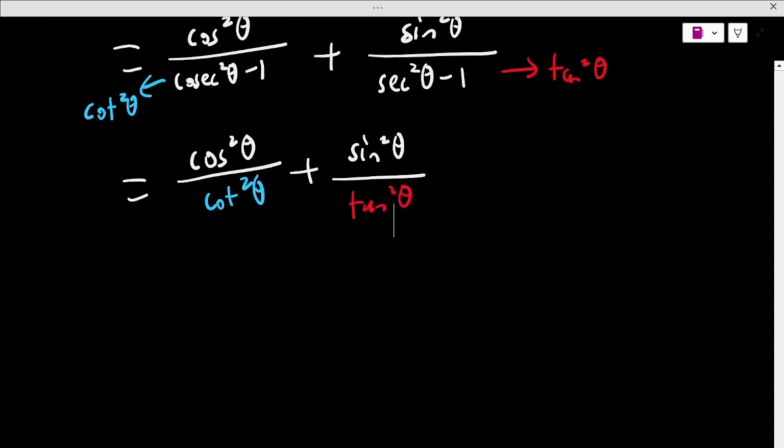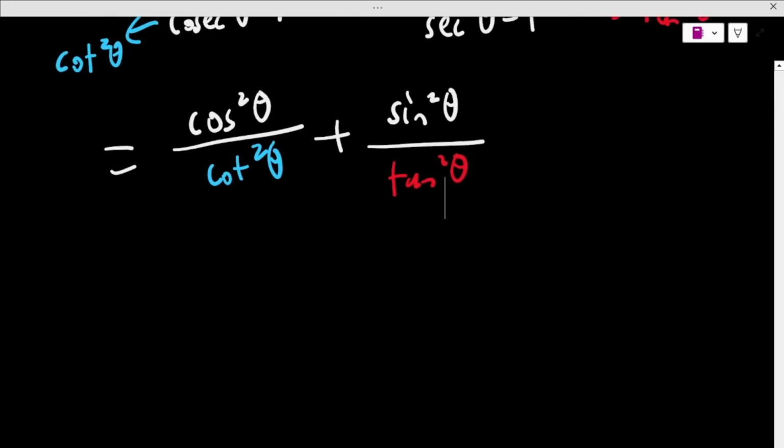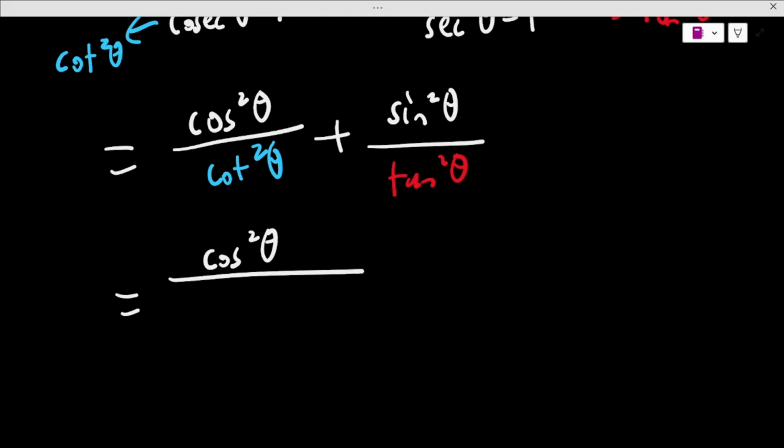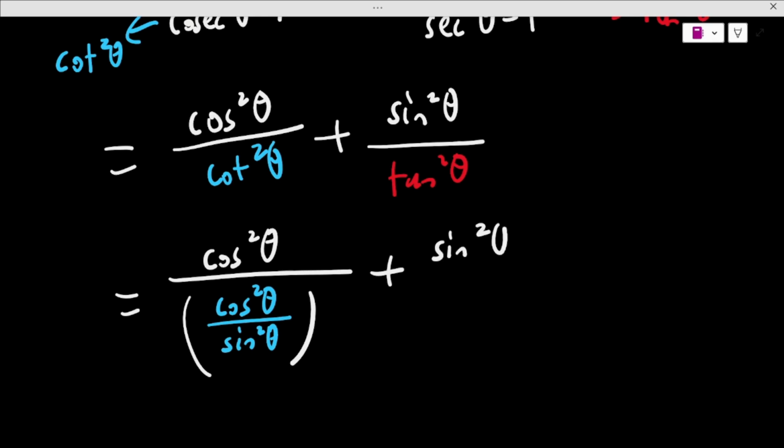Alright, let's go ahead and maybe re-express tangent as sine over cosine, and cotangent as cosine over sine, and let's see what happens. So this is going to be cosine square of theta over cosine square theta over sine square theta. It's squared because we have cotangent squared, plus sine square theta over sine square theta over cosine square theta.